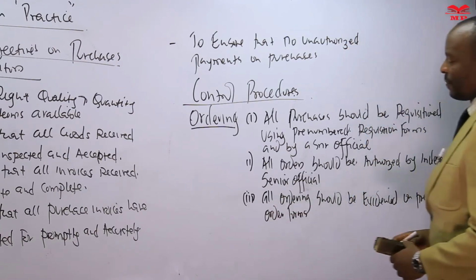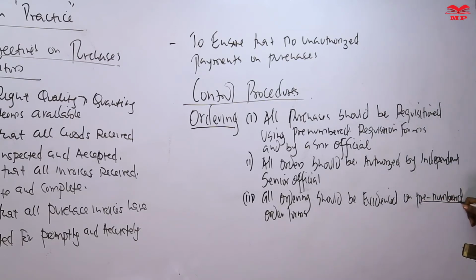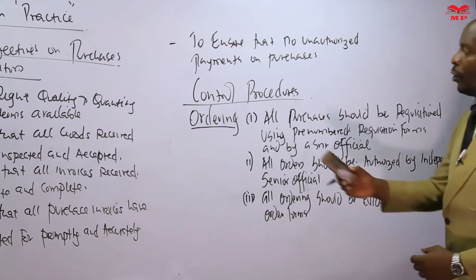I don't think that is difficult. This is the main control, that all order forms should be pre-numbered, and then we can introduce other controls on the order forms.